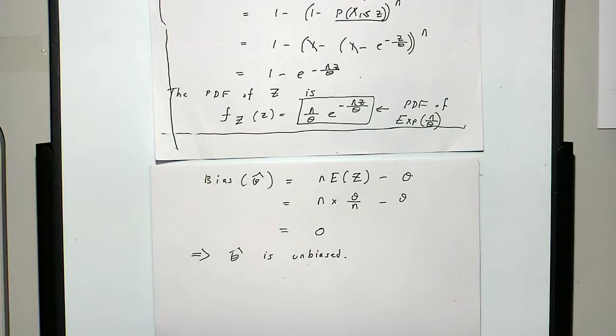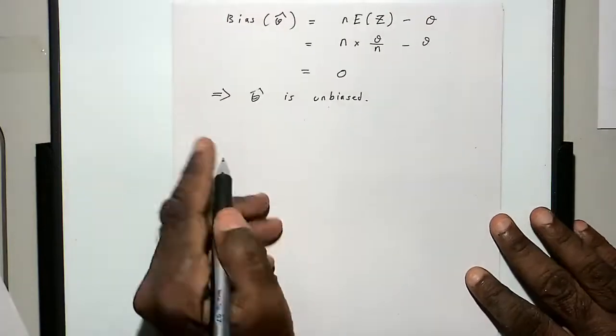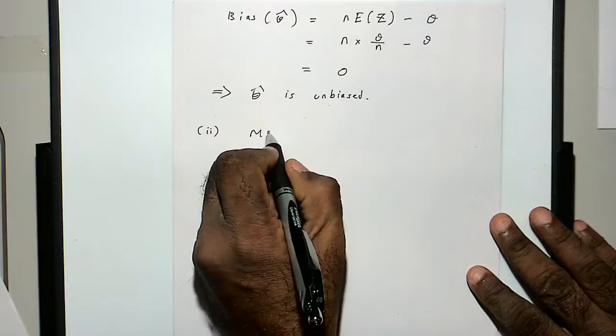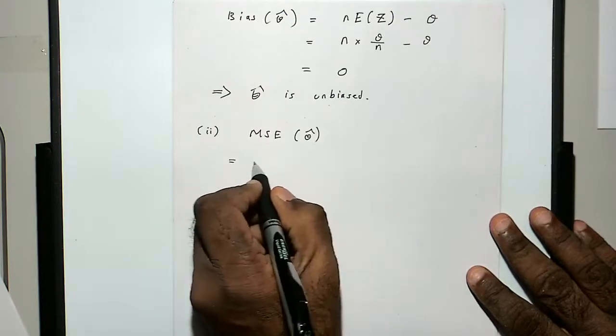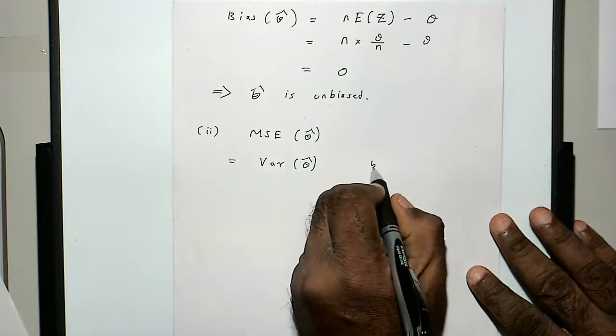You okay? All right, now to do the second part, which is part 2. Part 2 is asking you for the MSE of theta hat, which is the same as the variance of theta hat because the bias is 0.